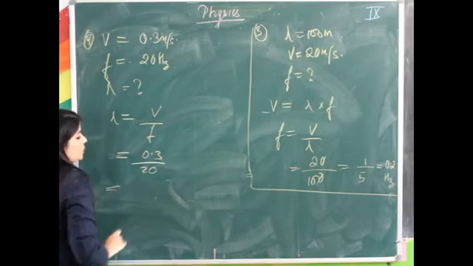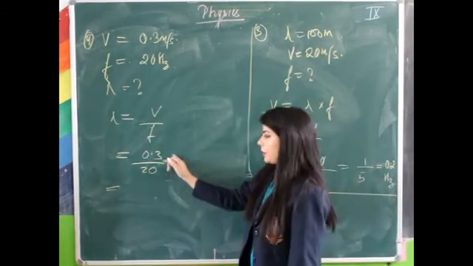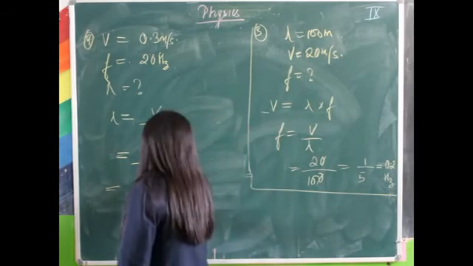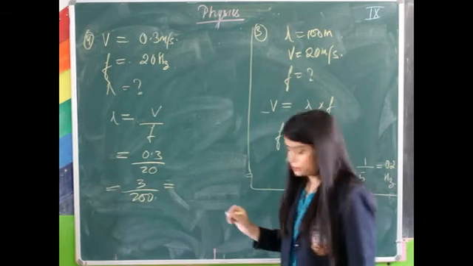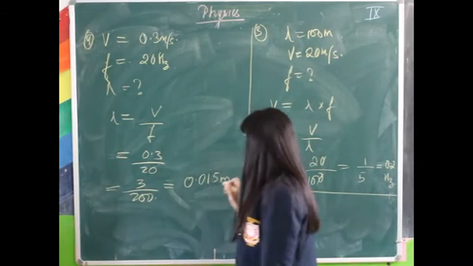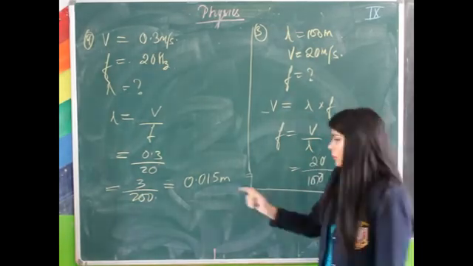You cannot use a calculator, but if you calculate, this becomes 3 by 200, which is equal to 0.015 meter. This is what you are getting, wavelength 0.015 meter.